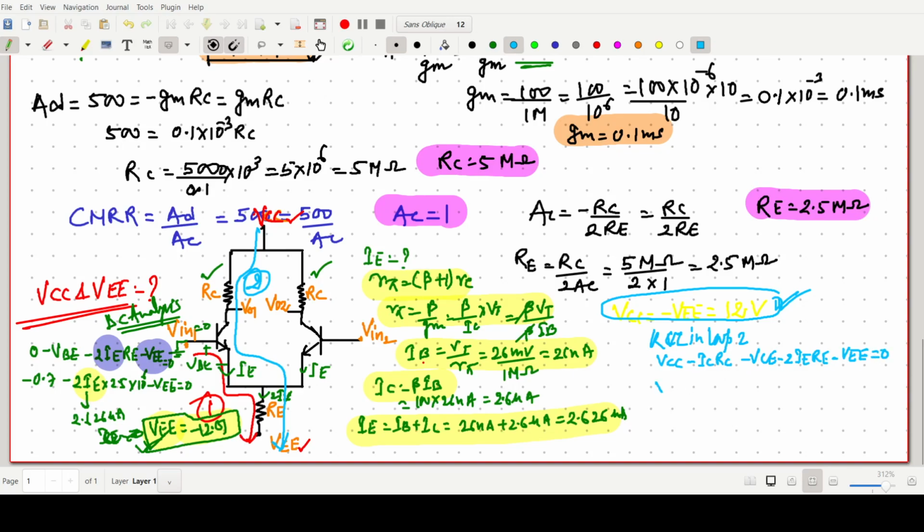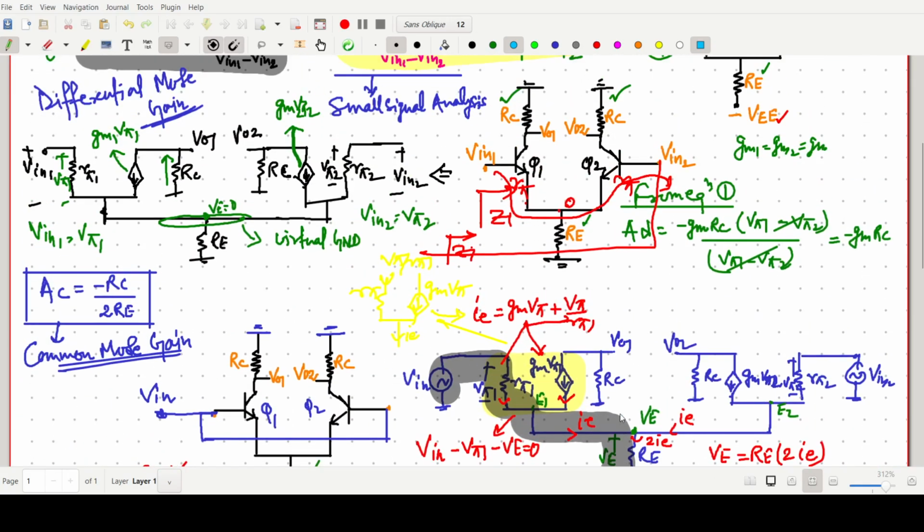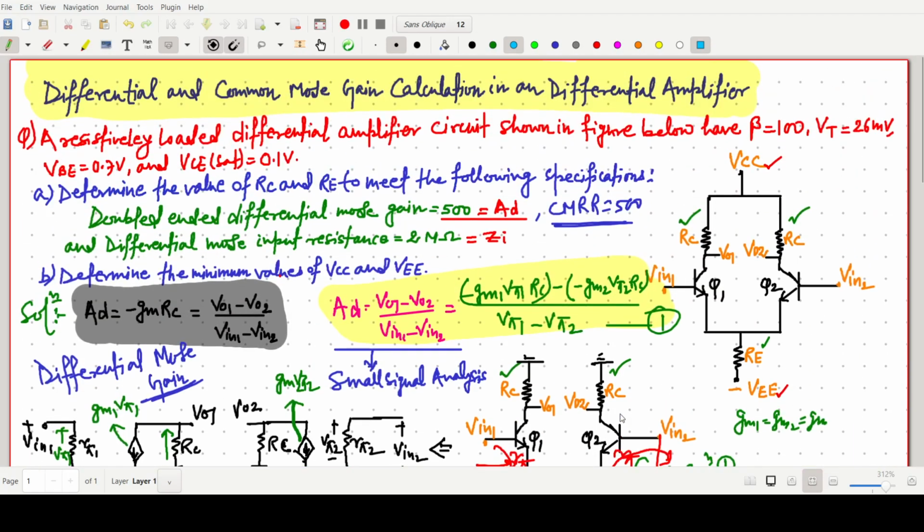So from here we can simply find VCC is VEE plus IC RC plus VCE plus twice IE RE. By putting all values, it will come nearly 12 volt. So this one is all about this very good question, and this question came in the GATE 1992 paper. We have already found the value of VCC around 12 volt.